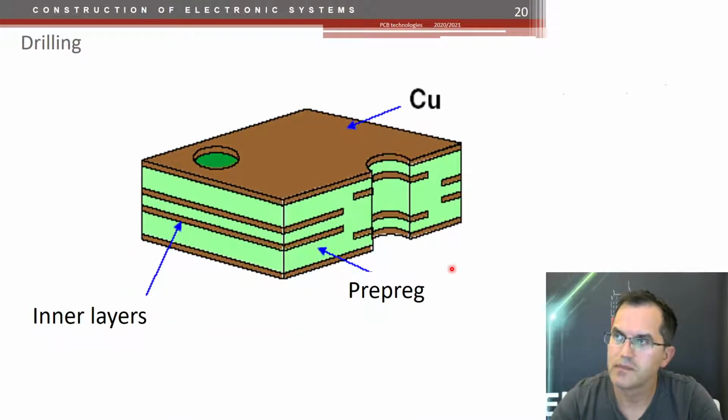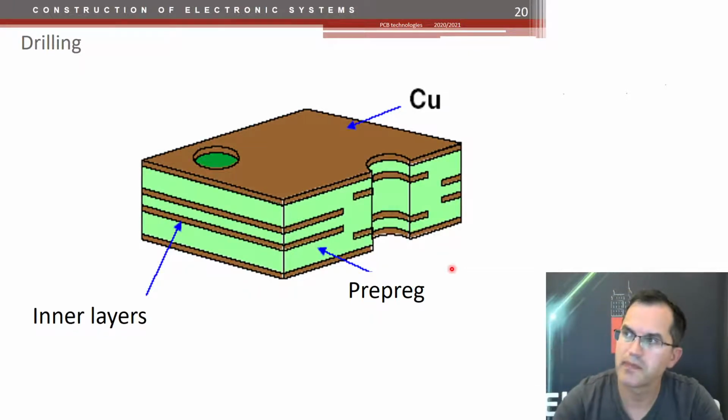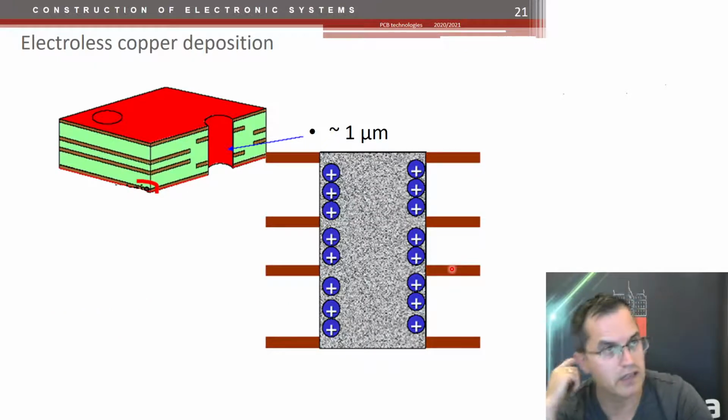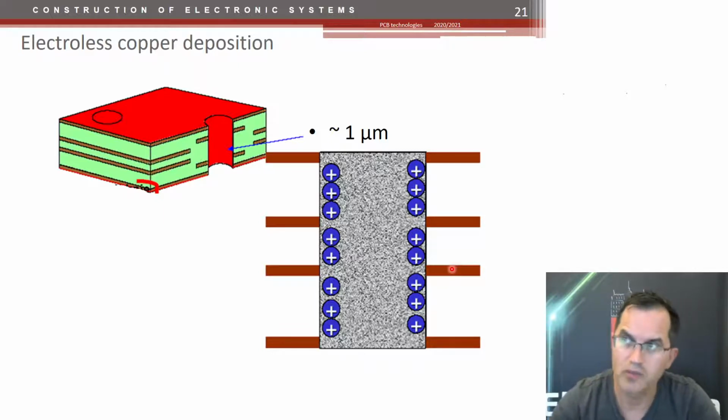By that we make an initial stack that will then be processed. Then we drill the holes. The important thing is that the holes are drilled at the beginning. So we drill all the holes, and then we apply so-called electroless copper deposition. This is also called a black hole procedure. What does that mean?